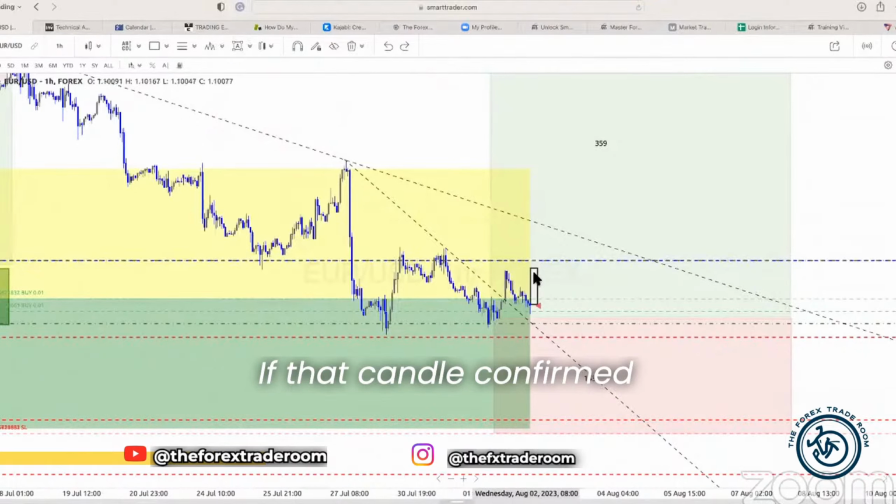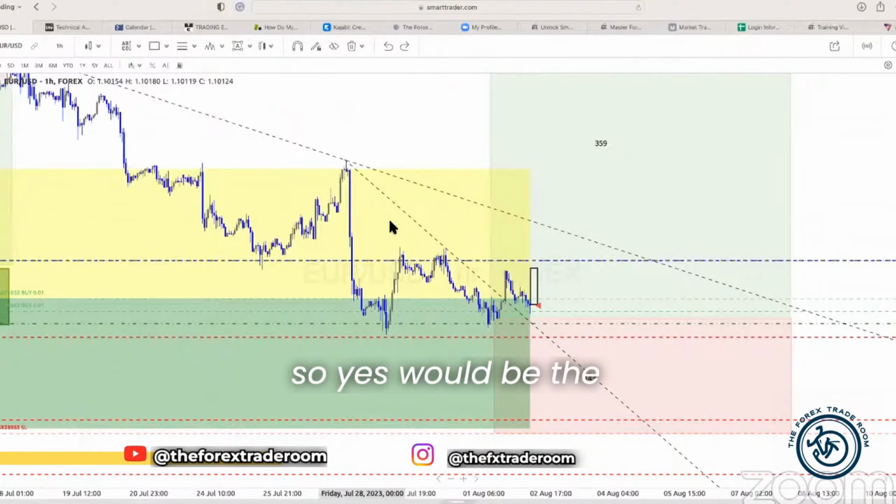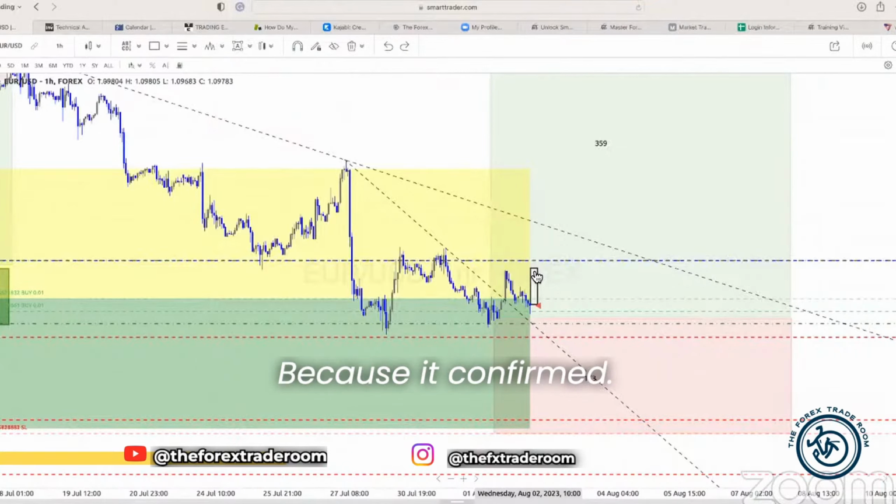If that candle confirmed your swing low, why would you not enter the trade in that scenario? Yes, you would. Okay. So yes would be the answer there, right? Because it confirmed, you got your second swing low and it's a long bullish candle.